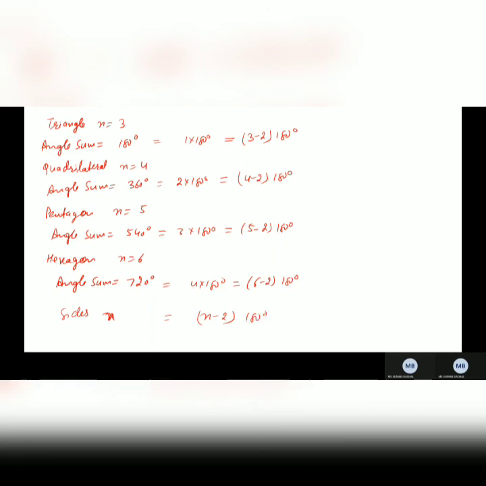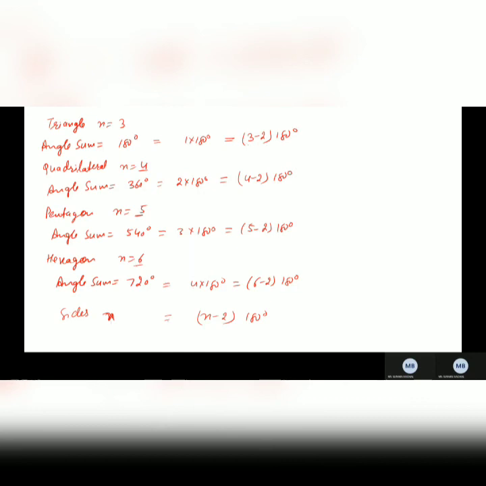You can see here sides were 6, so it is (6 minus 2) into 180. Here in a pentagon sides are 5, so the angle sum was (5 minus 2) into 180. And for a quadrilateral sides are 4, so it is (4 minus 2) into 180. And for a triangle sides are 3, so the angle sum is (3 minus 2) into 180.